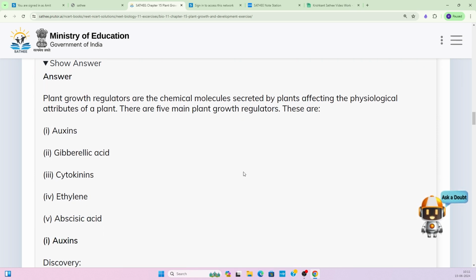So here we have the 5 different groups of the plant growth regulators. The plant growth regulators are the chemical molecules secreted by the plants affecting the physiological activity of the plants. And there are 5 main plant growth regulators. What are those?